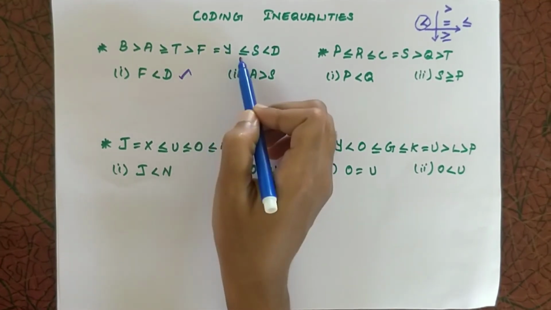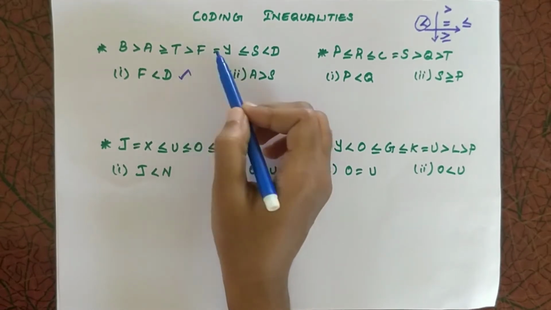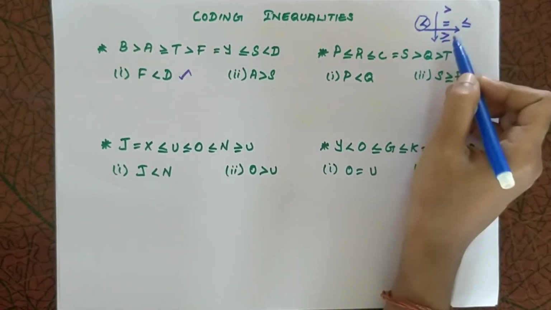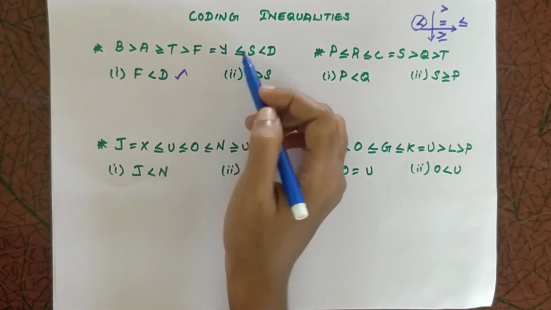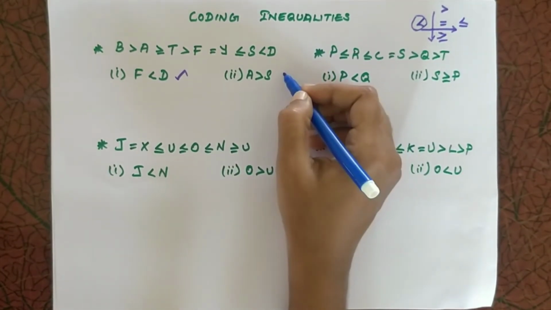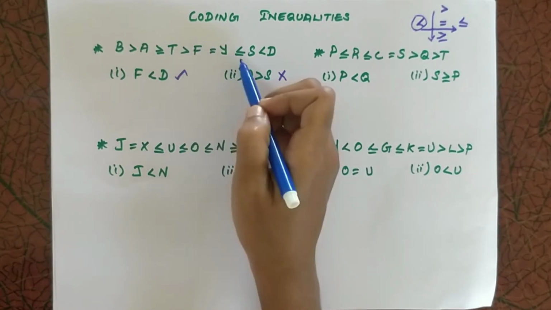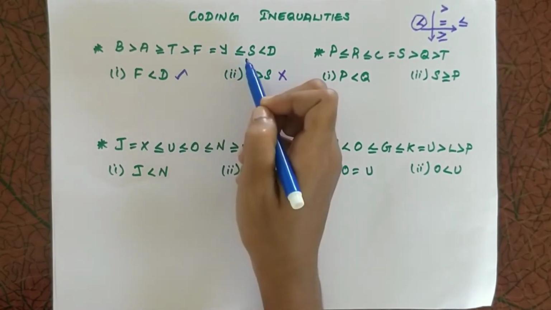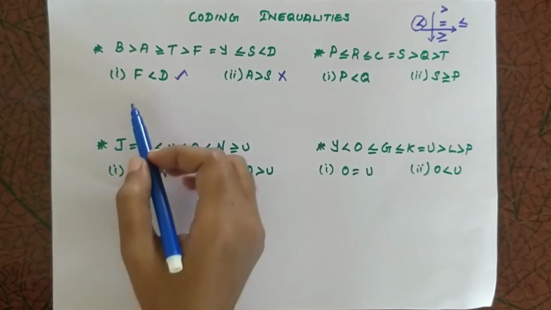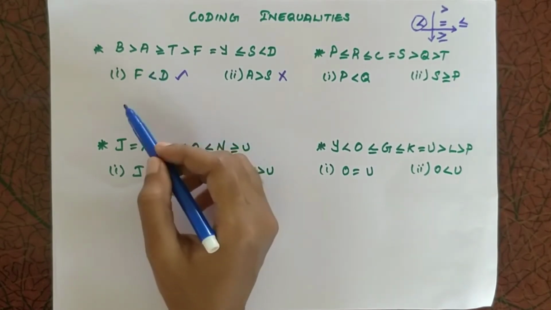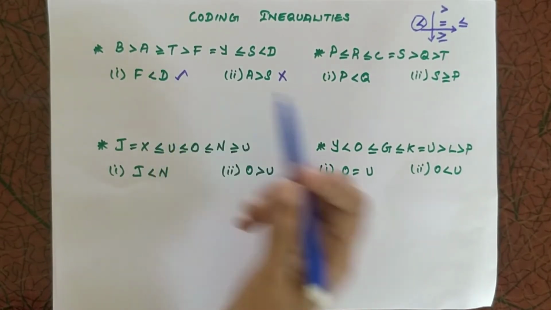So there are 4 symbols present and all these are not on the same line. So by seeing itself, we can say the first step is failed. This conclusion does not follow because we have opposite symbols present in between A and S. So the answer is only conclusion 1 follows.